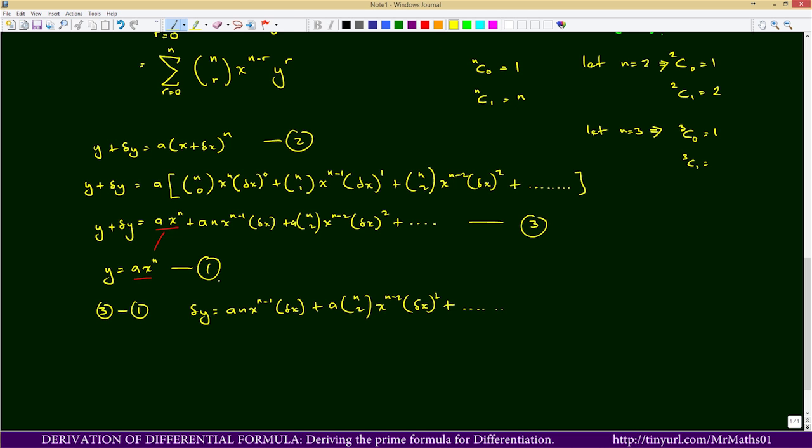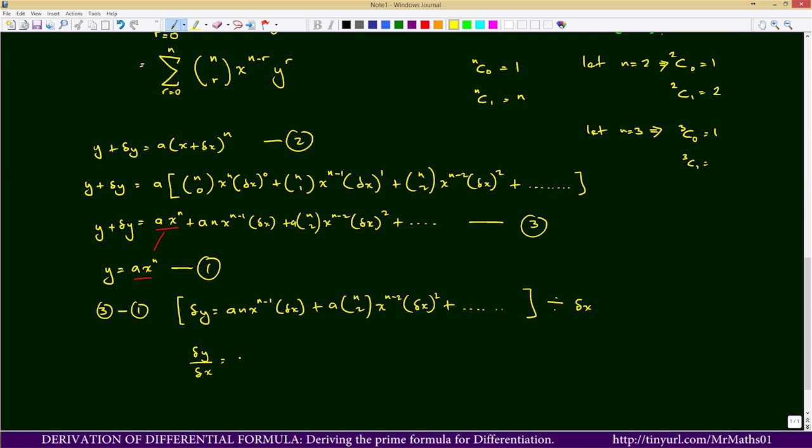Now all of this expression, I'm going to divide by delta x. So on the left hand side, we have delta y over delta x equal to, the second expression, we have a n x to the n minus 1 and delta x here. So when delta x is divided by delta x, that becomes 1.